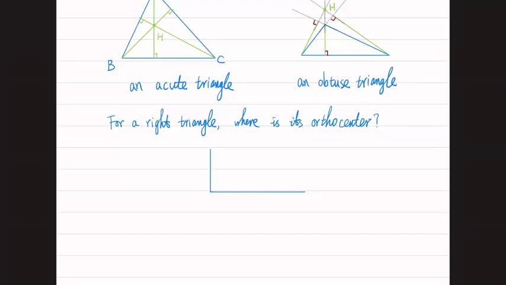Let me try to draw it. Do you have guesses for the orthocenter of a right triangle?